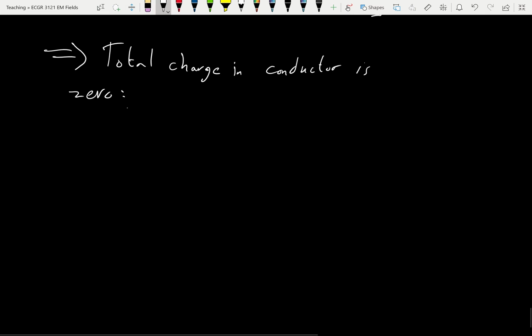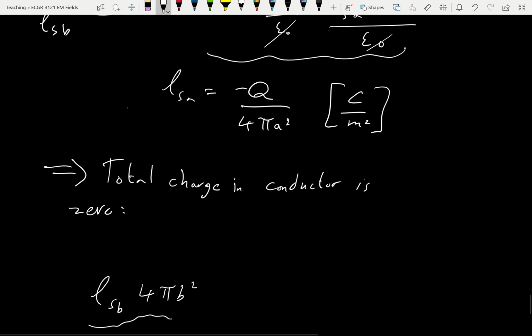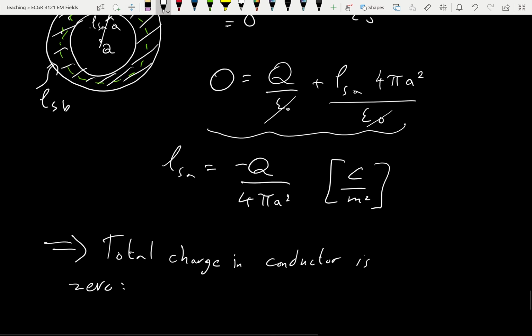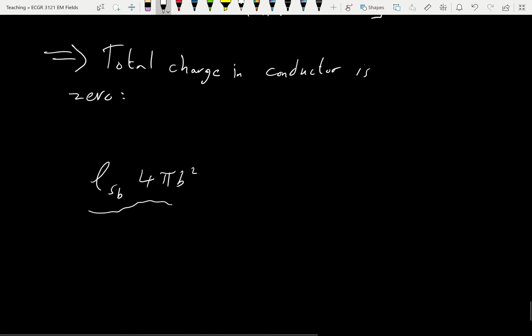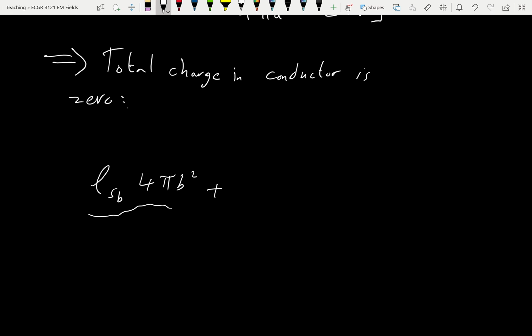So that tells me that rho SB times 4 pi B squared, this is the charge on the outer surface, plus the charge on the inner surface, rho SA times 4 pi A squared, equals 0.